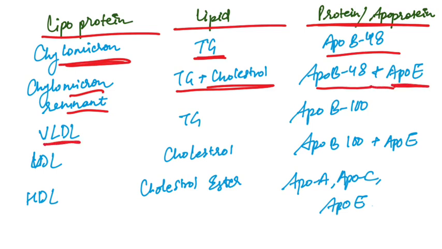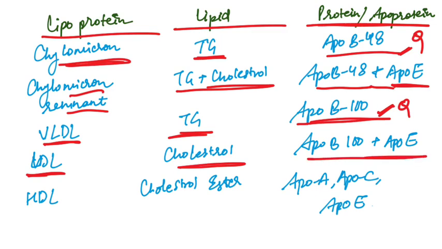Now, VLDL, the lipids are triglycerides, and ApoB100 is the apoprotein. So these are very important, very frequently asked. Now, LDL, the lipid is cholesterol, and ApoB100 and ApoE are the apoproteins. Now, HDL, cholesterol ester, and ApoA, ApoC, and ApoE are the apoproteins in this.